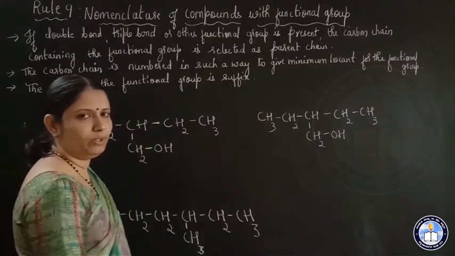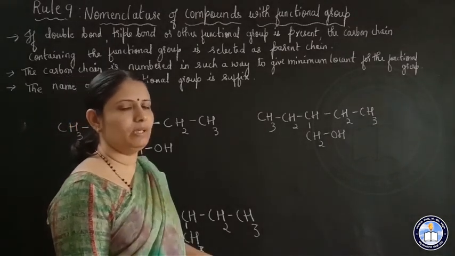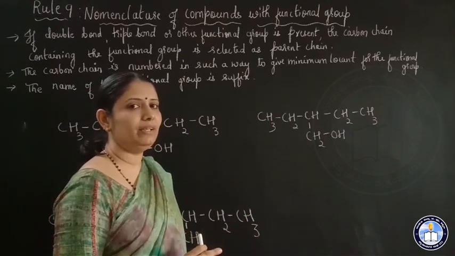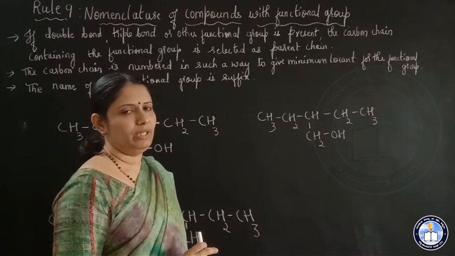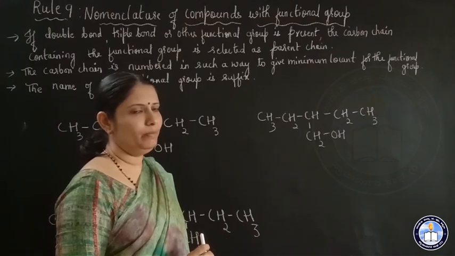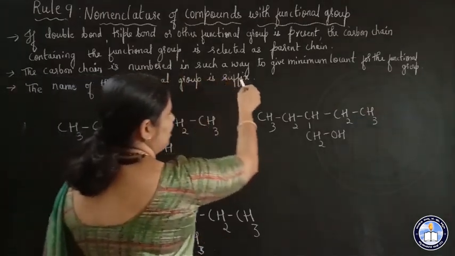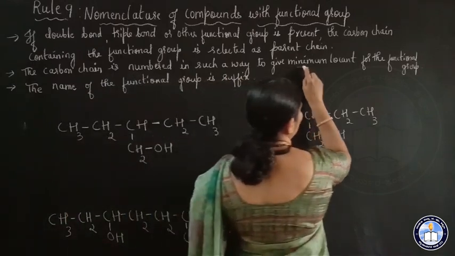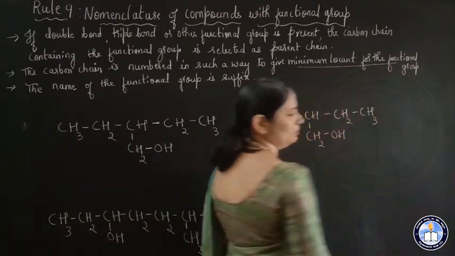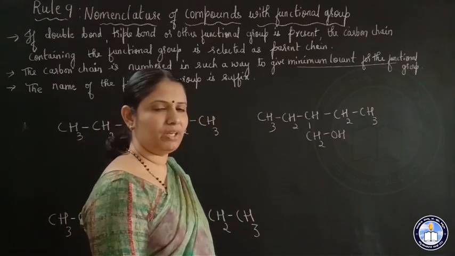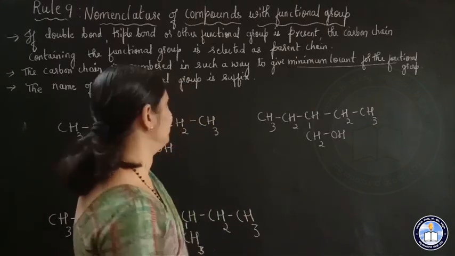So whatever I have told in unsaturated hydrocarbons, here also it is applicable. So you should select the parent chain in such a way that the functional group is included in the parent chain. The carbon chain is numbered in such a way as to give the minimum locant for the functional group. So you number the parent chain so that the functional group gets the lowest number.